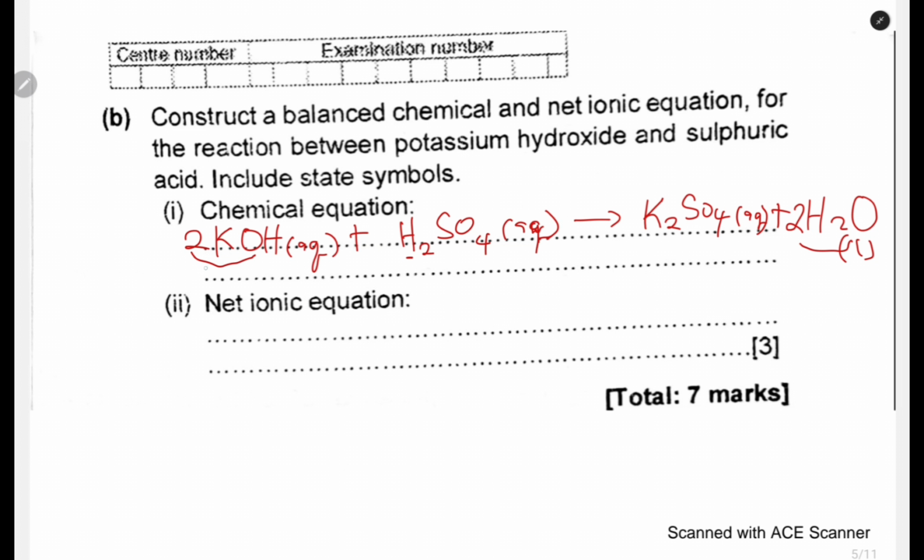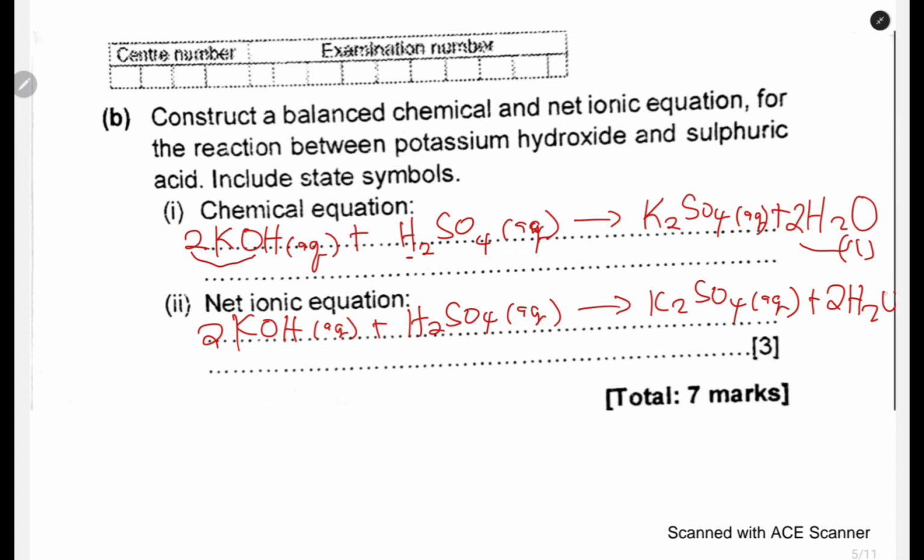Now, for the net ionic equation, we said we split the aqueous species from the balanced equation. And I said if you don't balance it, then it will be very difficult. So we start splitting. Let me just copy it the way it is: potassium hydroxide, aqueous, plus sulfuric acid, aqueous, to form potassium sulfate, aqueous, plus 2 water molecules. So this one I'm going to split.